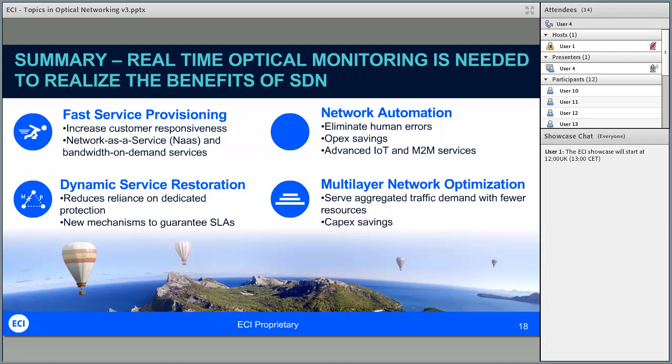To do all these things in a more sophisticated environment, you need a much more sophisticated ability to monitor the health of your fiber and the traffic going over it. And this is something we can do extremely well with ECI's LightPULSE optical health monitoring system. So on that, I will conclude my presentation, and I would be very happy to take questions.